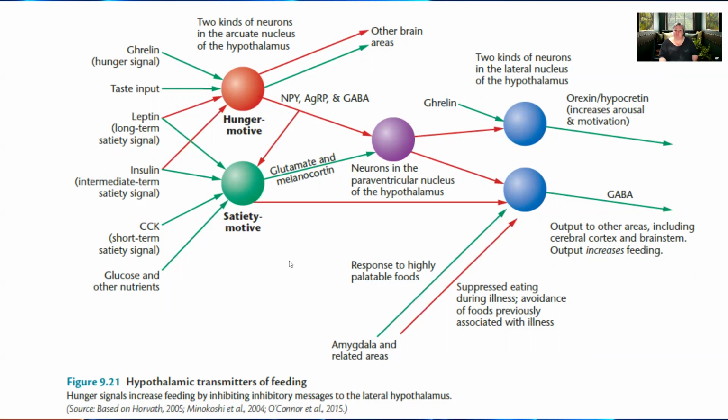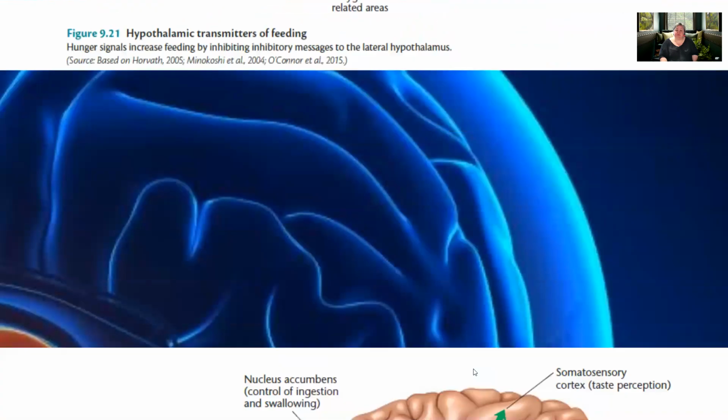So I think it would be best to review this figure and take a look at all of the different complex things that are going on related to hunger and being satiated. It's a complex process. So I would suggest you go ahead and read through and understand this figure and what these different pieces are doing and how they're all interconnected.